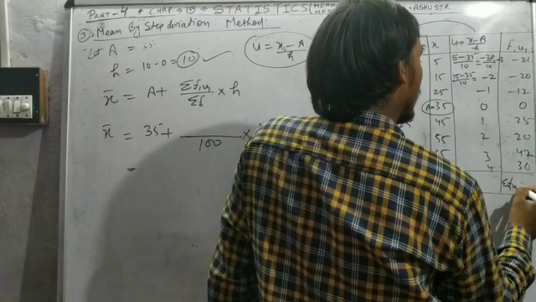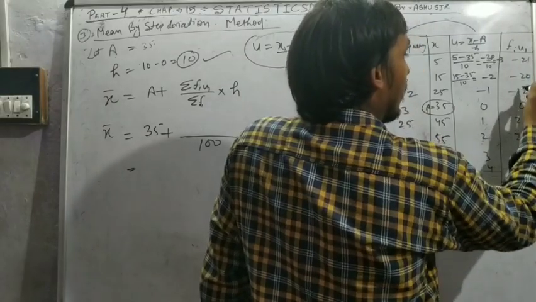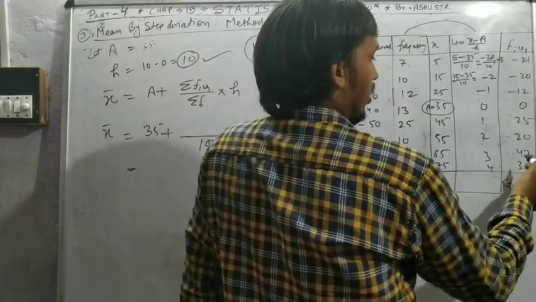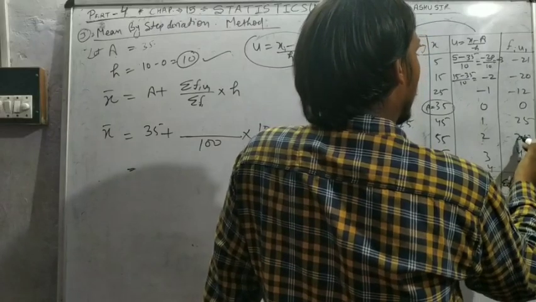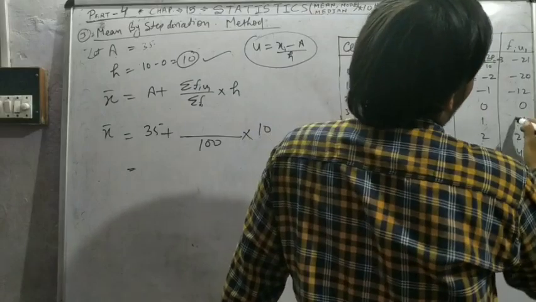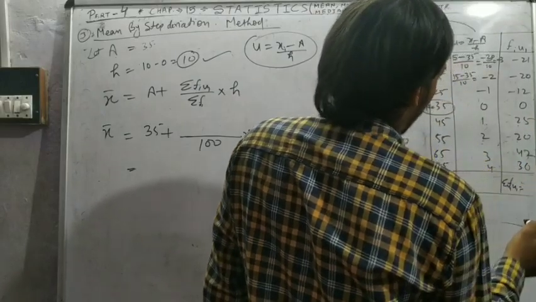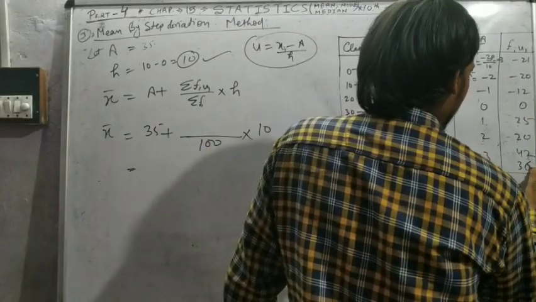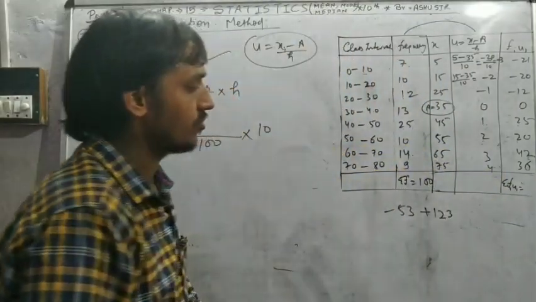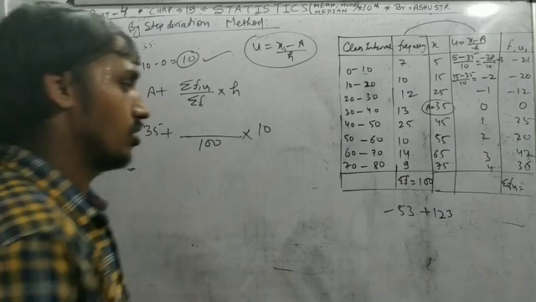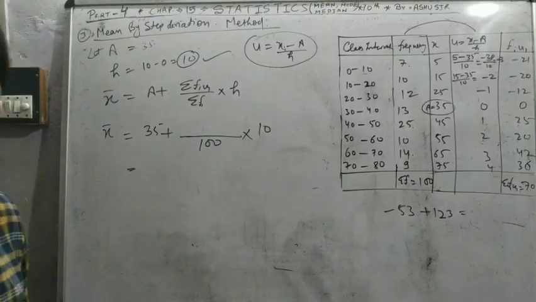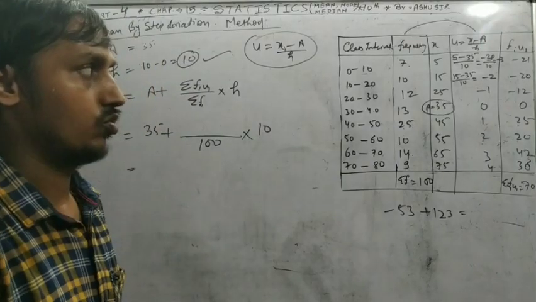Summation of fu: 53, 30, 70, 80, 90, 100, plus 123. That means 70 is the value of sigma fu.